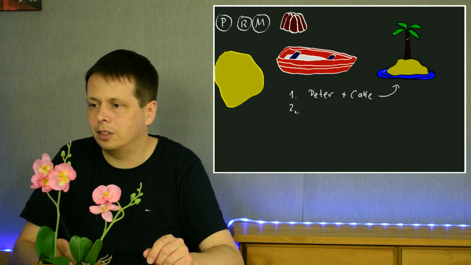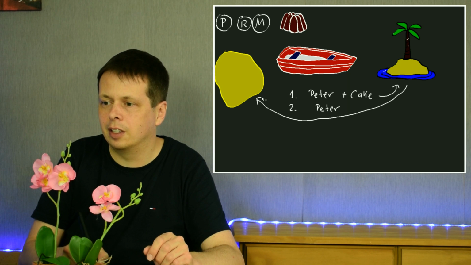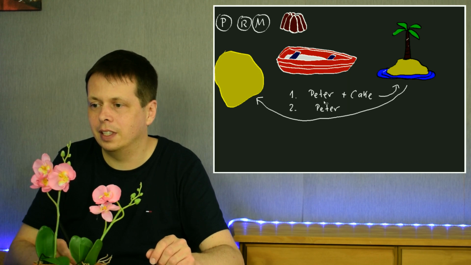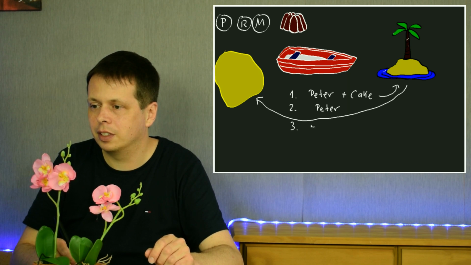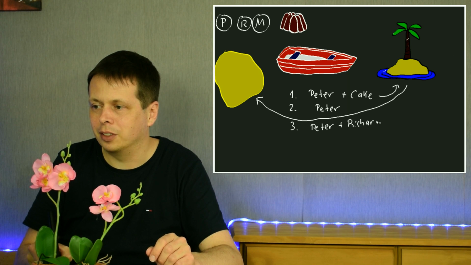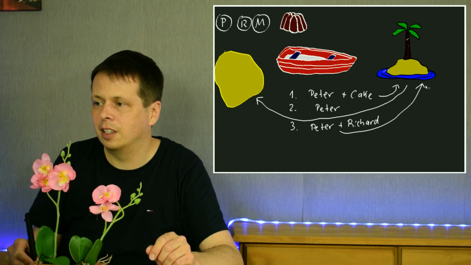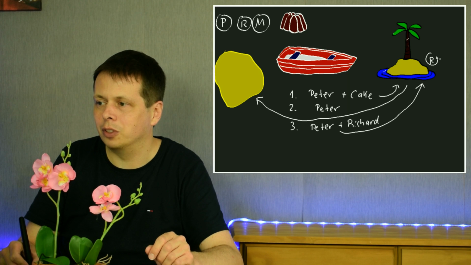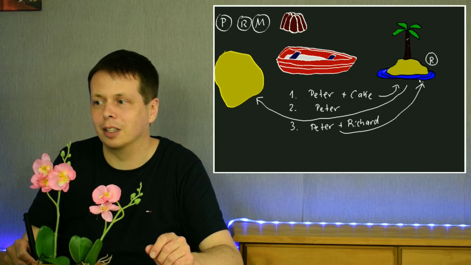Then second, Peter goes back to the beach and picks up his friend Richard and brings Richard to the island. So Richard is now there, but he doesn't want to leave him with the cake alone.